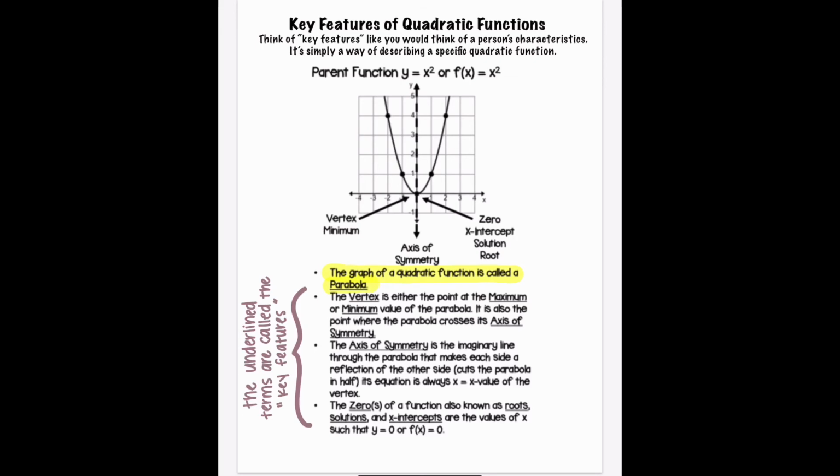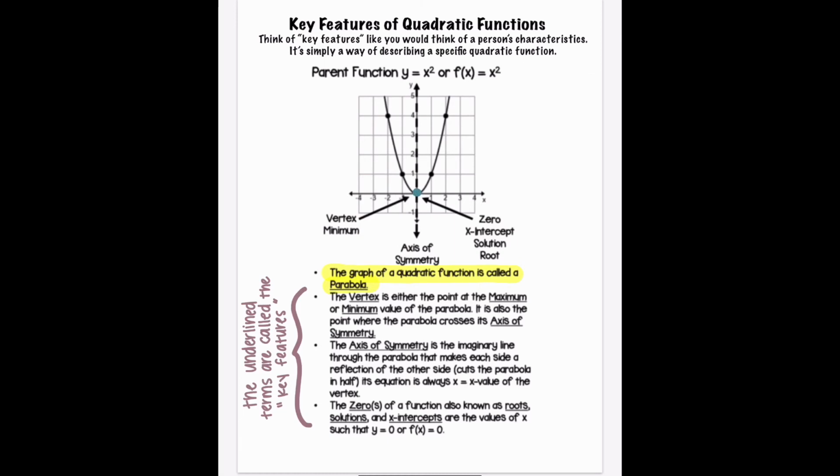Now the next key feature, the vertex. It's either a maximum, which is the highest point, or a minimum, which is the lowest point. So I want you to note that in the parent function graphed here, the vertex is a minimum.